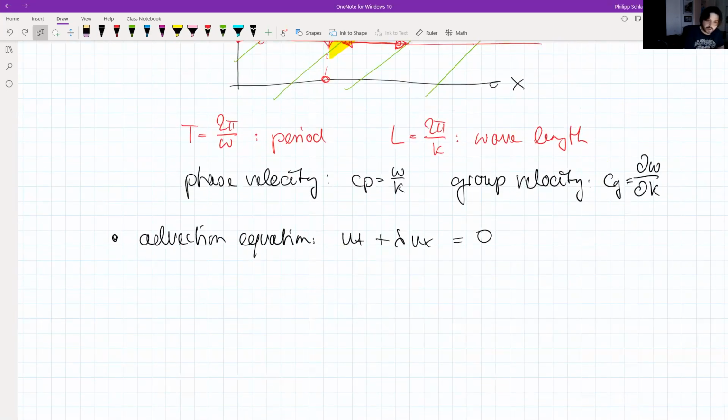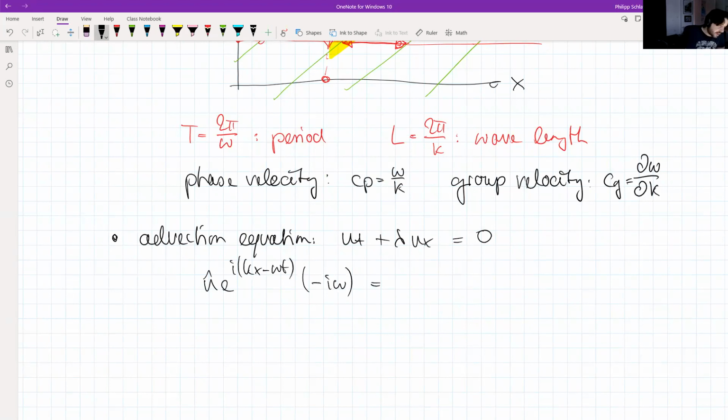So what I get then is u hat e to the i(kx minus omega t), but now I need to do the derivative with respect to t, so that becomes minus i omega.